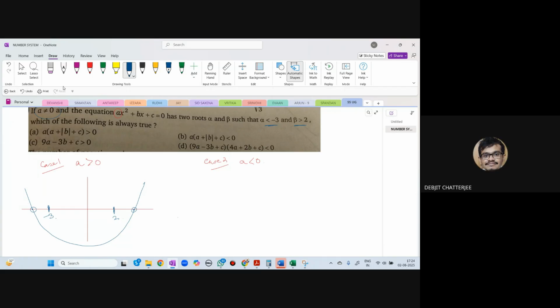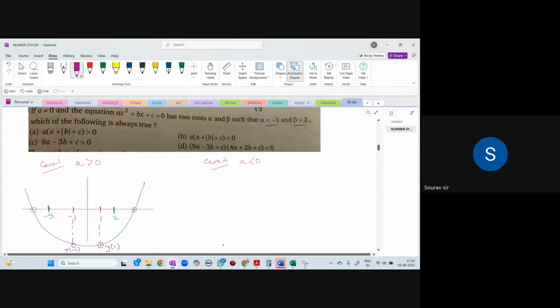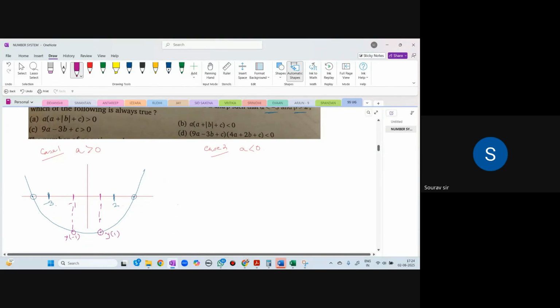Excellent. Very good. You're right. So you have x equal to 1 here, x equal to -1 here, and these are the values of y of 1 and y of -1. Both the values are negative. So that means the quadratic value will be negative for x equal to +1 and -1.